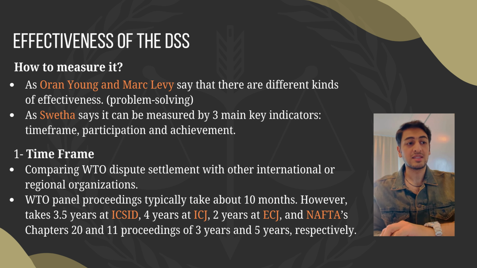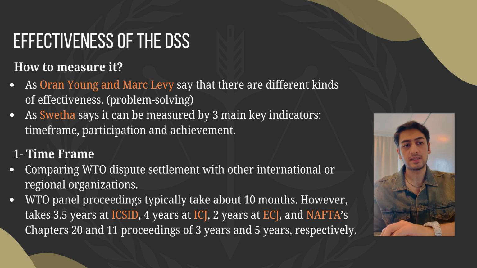WTO panel proceedings typically take about 10 months. This duration excludes the time needed for panel formation and report translation. This is much faster than ICSID arbitrations, which average over 3.5 years.